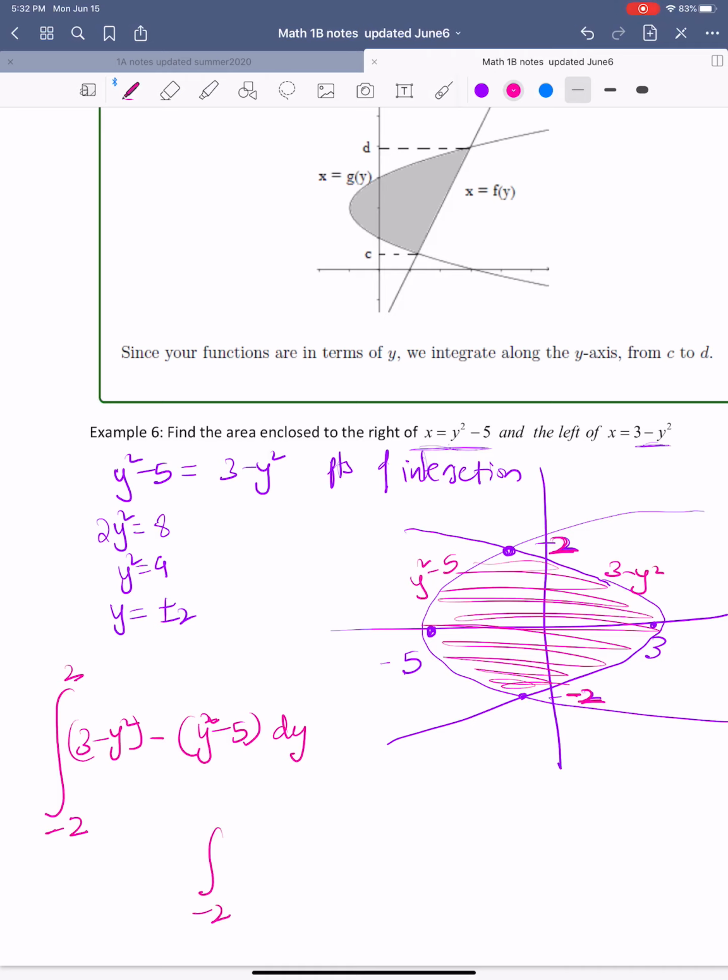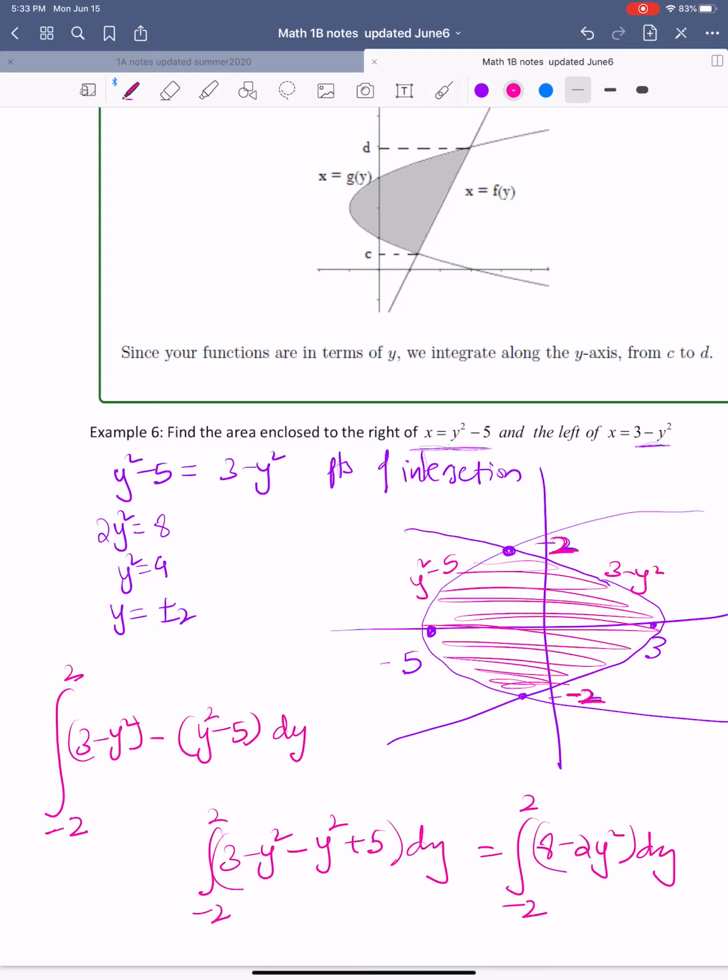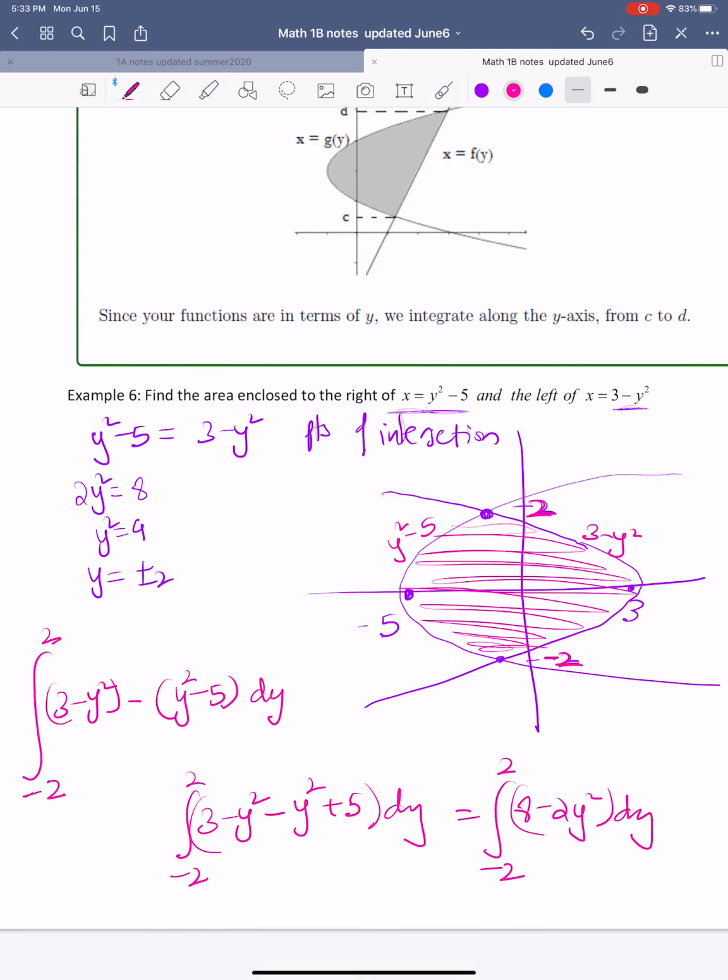So we have the integral from negative 2 to 2 of 3 minus y squared minus, make sure it is y squared, plus 5 dy. Simplify, which is the integral from negative 2 to 2 of 8 minus 2y squared dy. At this point, we are really just simplifying the definite integral.